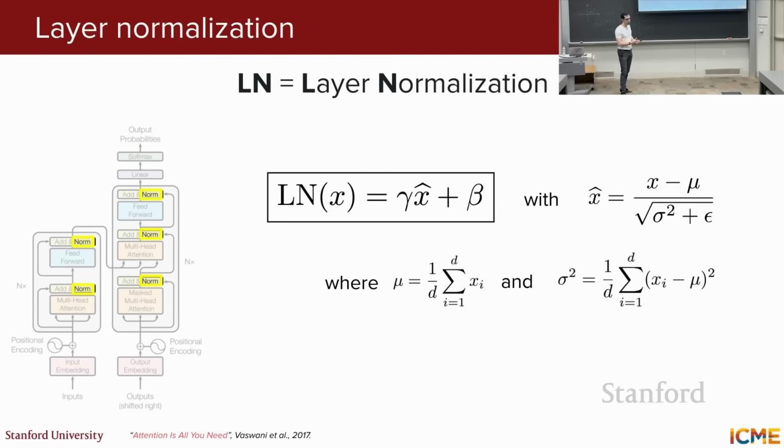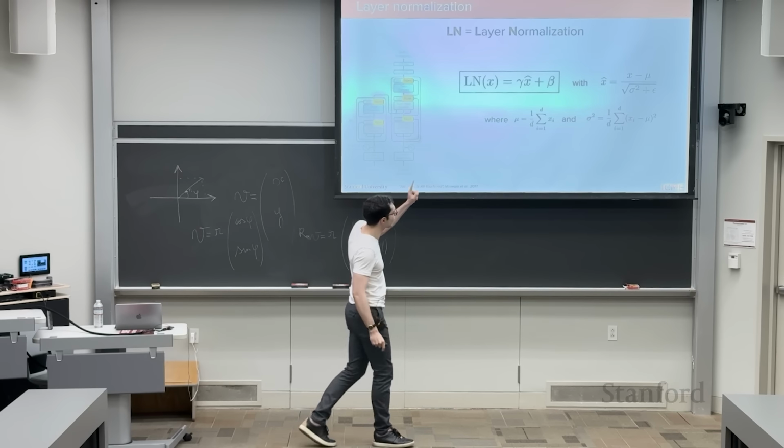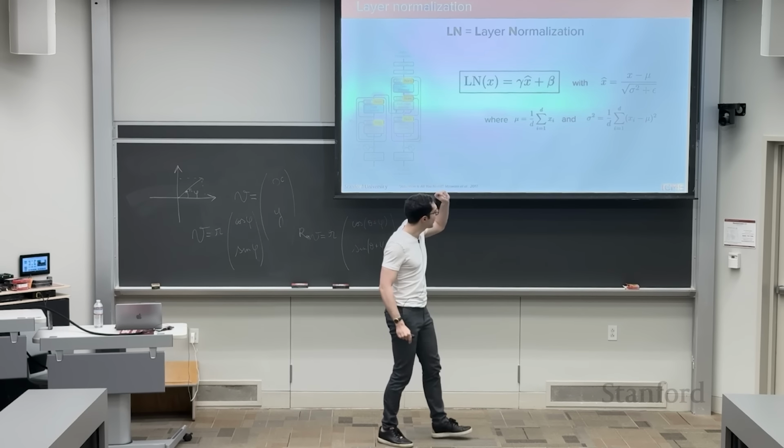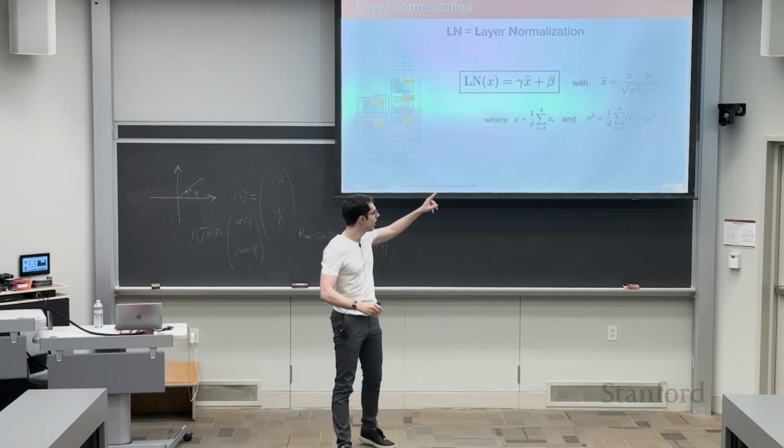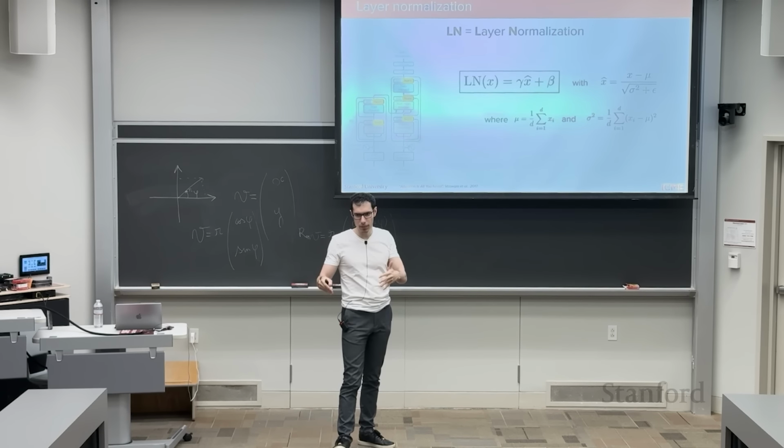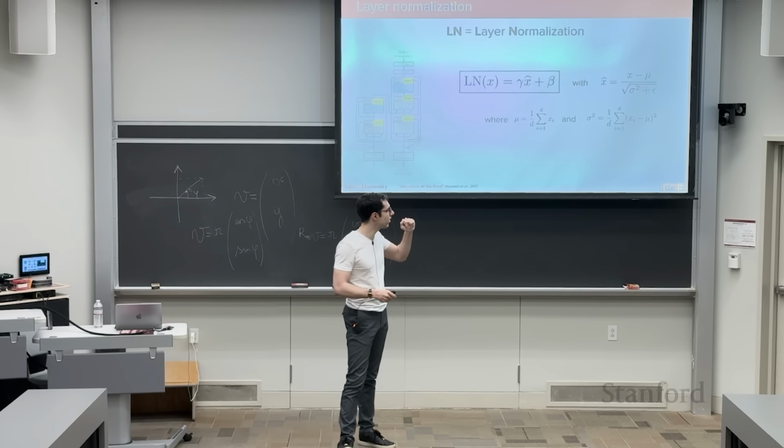So the idea is as follows. If you have a vector, sometimes the components of the vector can be super large, sometimes they can be super small. The idea here is to normalize the components of your vector within some normalized range. The way you do that is you take your vector and subtract the computed mean, which is basically the sum of its components, and normalize it by its standard deviation.